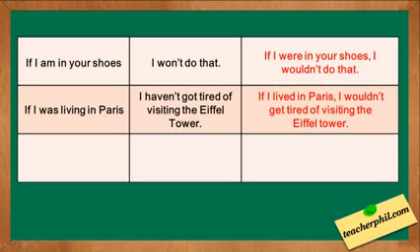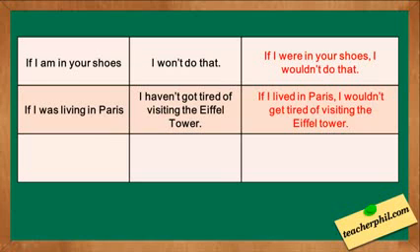The if clause, if I was living, is in the past continuous. We need to change it into simple past: if I lived in Paris. The result clause, I haven't got tired of visiting the Eiffel Tower, is in the present perfect. We need to change it into the pattern would plus the verb in base form: I wouldn't get tired of visiting the Eiffel Tower.